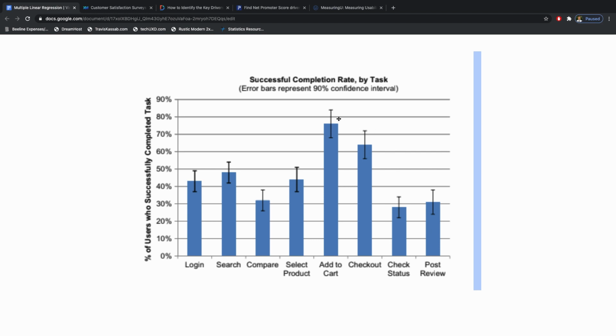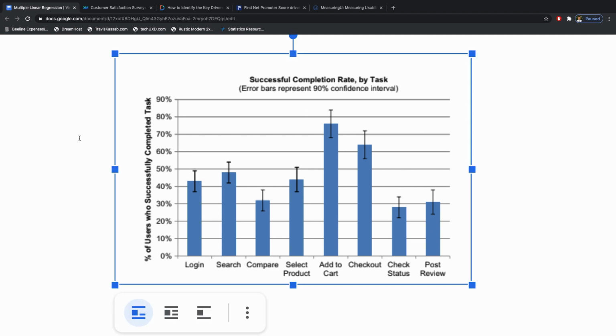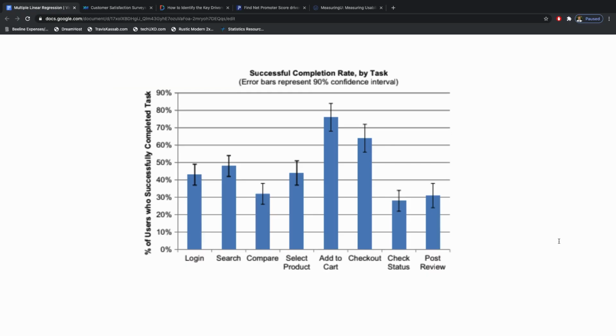So you can use these pass-fail predictor variables to try to predict the overall SUS score. And this would tell you which tasks or which aspects of your app most significantly contribute to app usability and most significantly detract from app usability. So I'm sure it would be an interesting test.